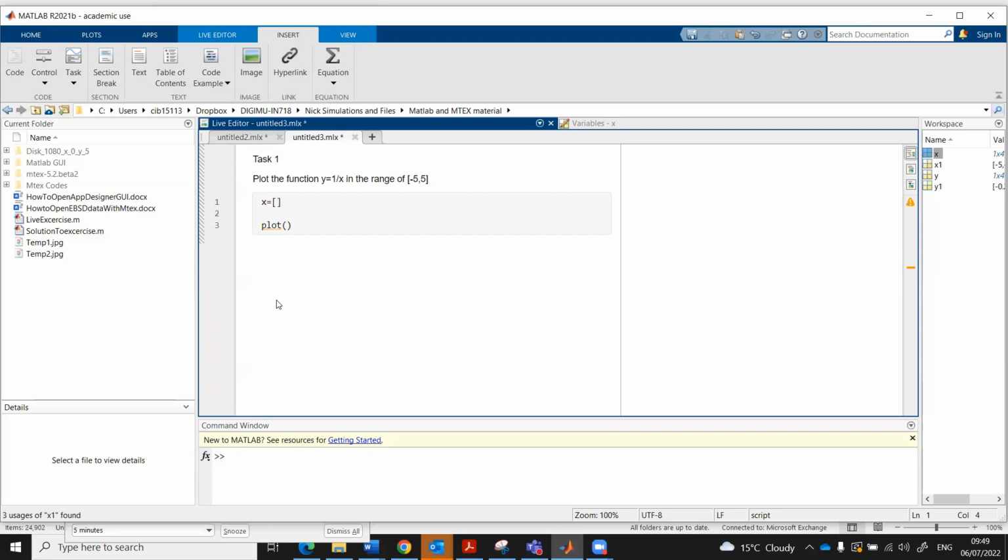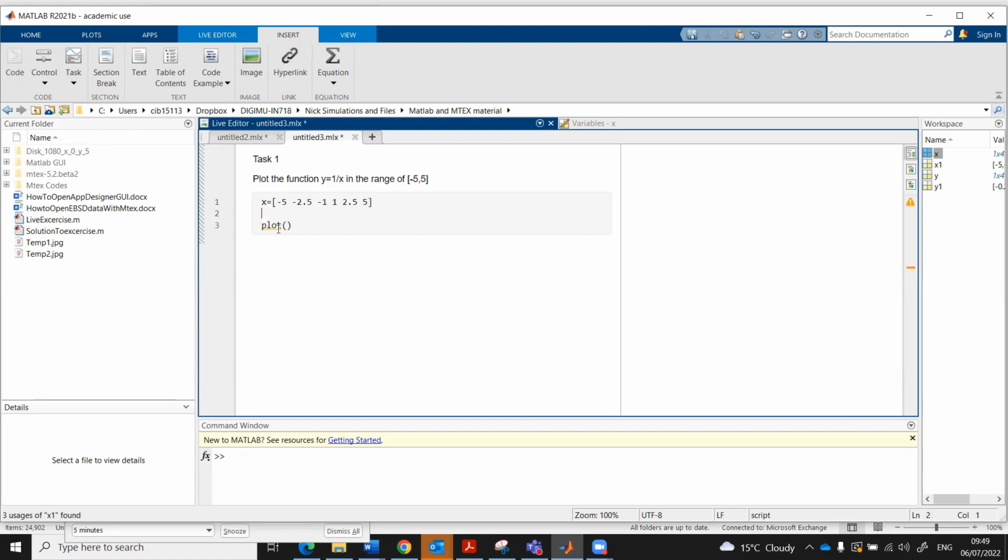Suppose I have -5, next one -2.5, then -1. I'm lazy to put more, so 1, 2.5, and 5. Let's assume that it is 6 points, and that is sufficient for me.